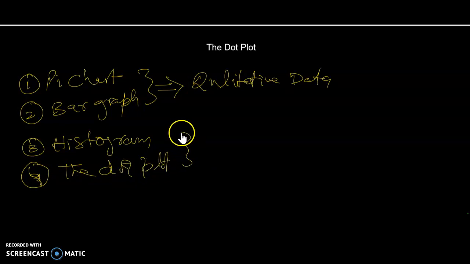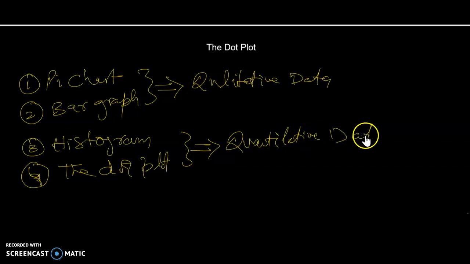And these two plots are known for quantitative data. I'm hoping you are aware of the difference between qualitative data and quantitative data, right? So this is important that you have the difference in mind, right?